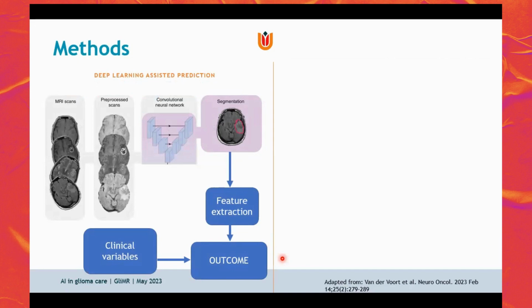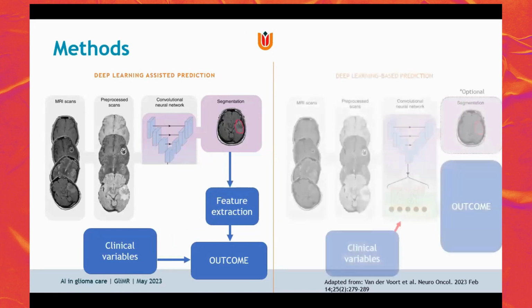One of the classical approaches is to use a feature extraction based on the automatic segmentations and combine this with clinical variables in a standard regression or maybe a random forest to predict our outcome of interest.